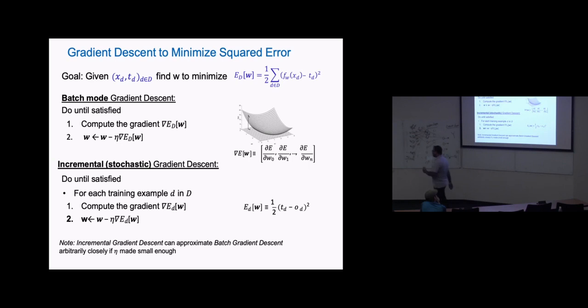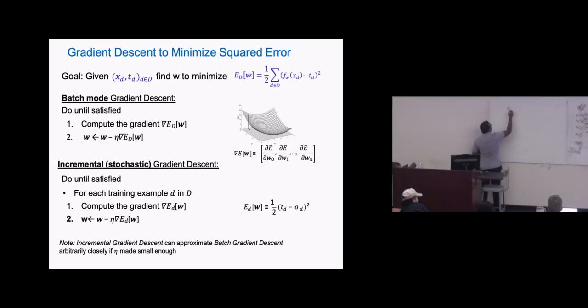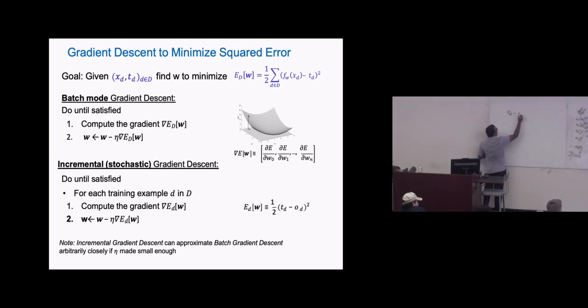Okay? So we want to minimize (t_d minus o_d) whole squared over all possible d in the data set, in our training data set. And we just have a half in front as a trick, a constant, that doesn't matter for optimization.